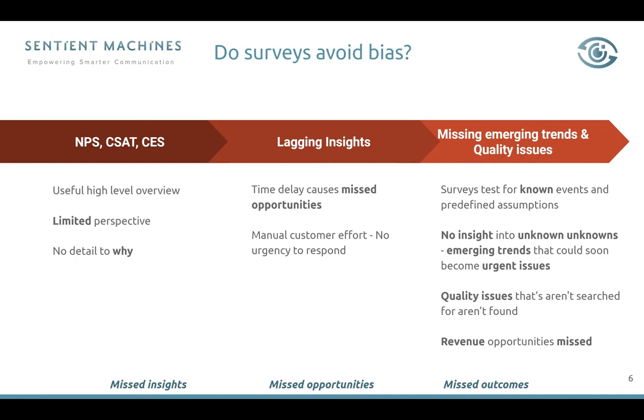And those things may be pretty urgent issues. Those things may be absolutely critical to your business and may be costing you significant amounts of money in terms of servicing something that you don't know about.